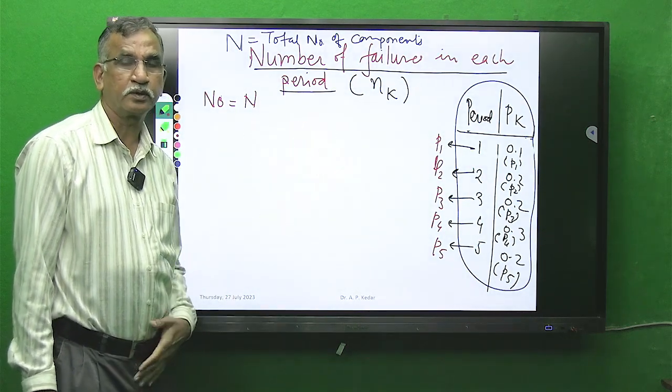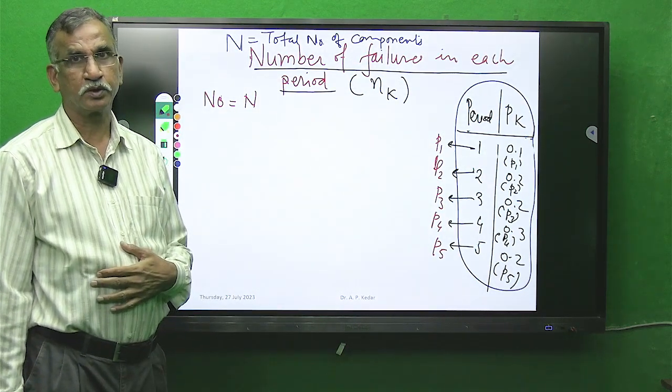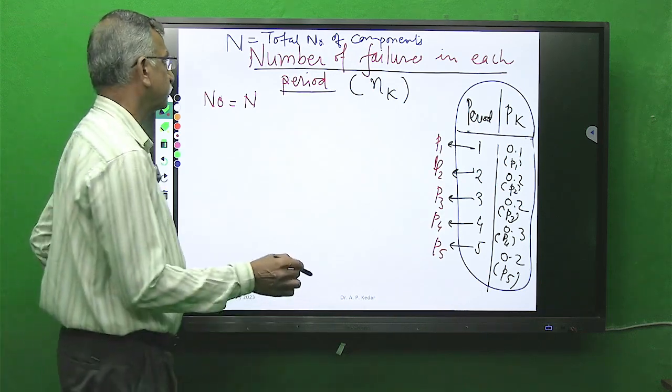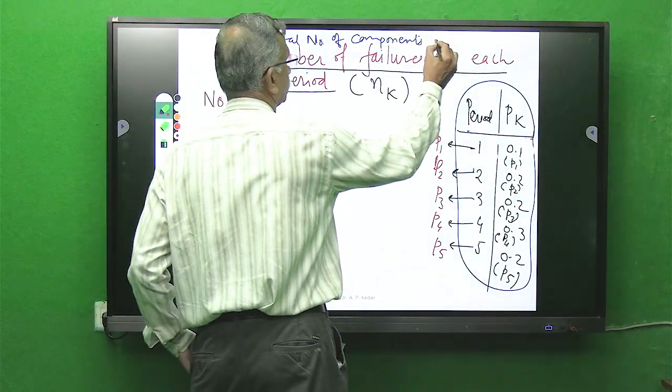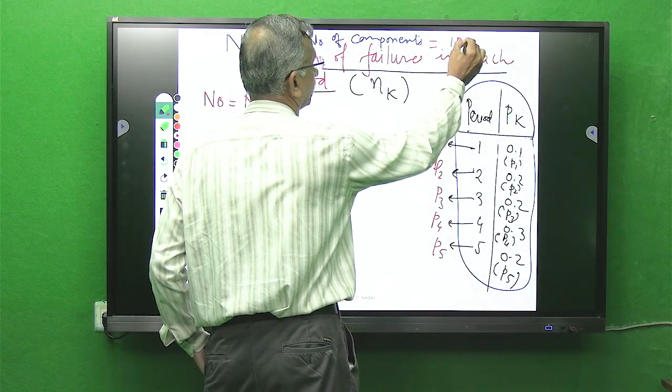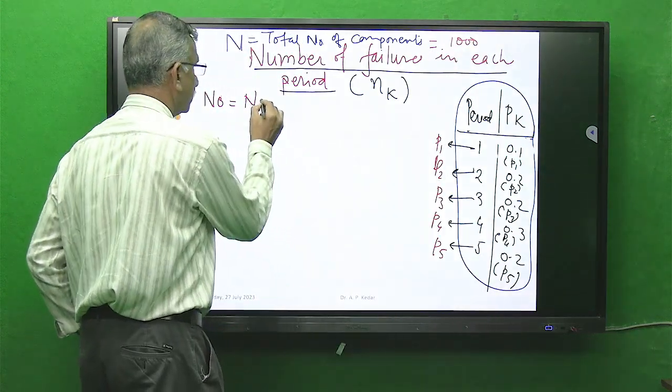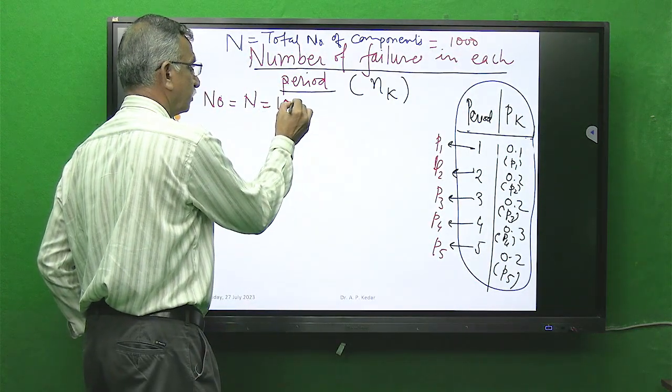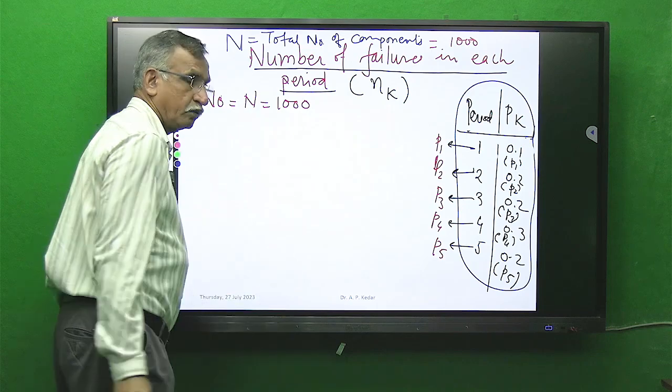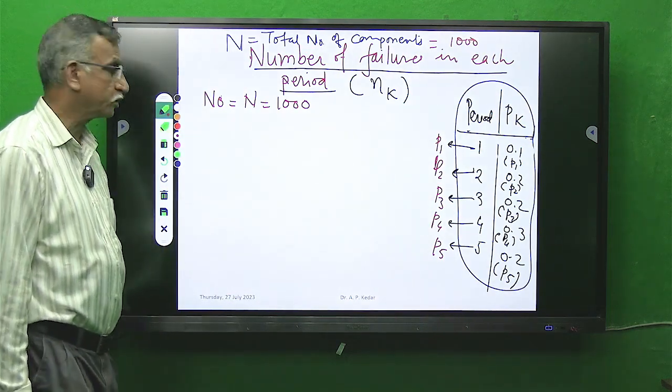If you are assuming, suppose 1000. Suppose, to understand here, we assume for analysis total number of components 1000. So here it will be 1000 components. This is very important calculation, students.